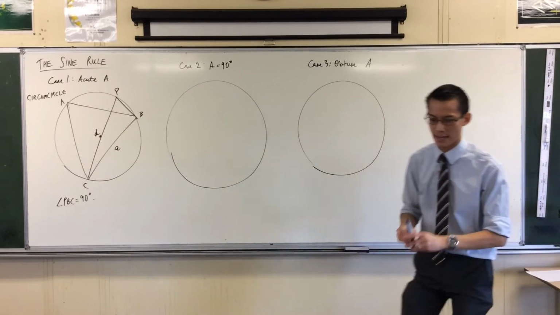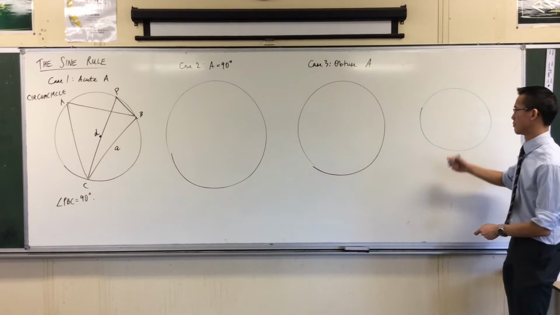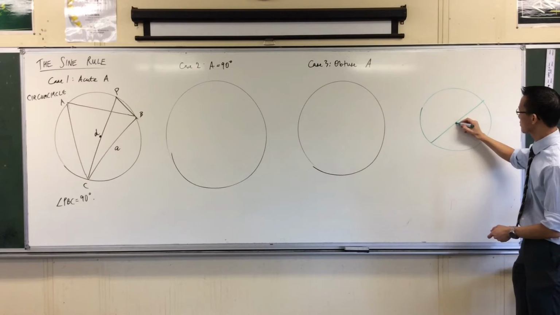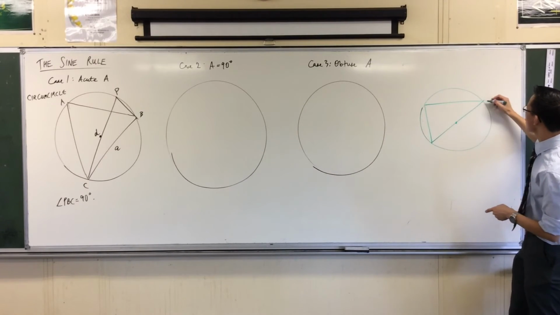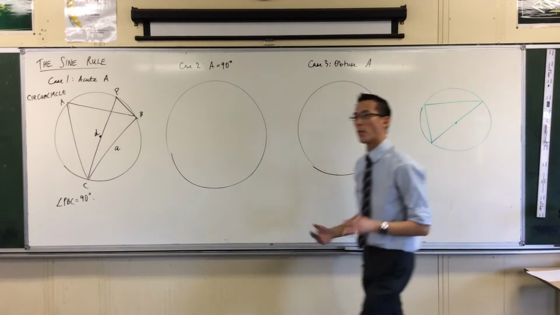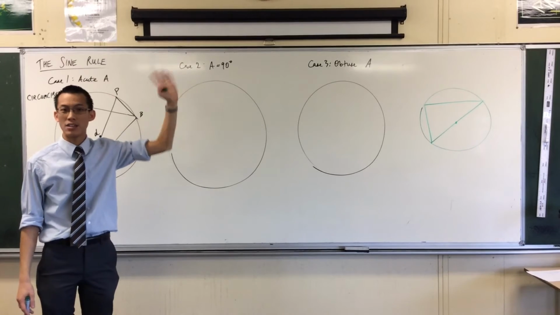So just on the side here, draw a small circle off on the side a little bit. Draw a diameter there, and then draw a triangle, any triangle you like, where one of the sides is the diameter and the other corner is on the circumference.